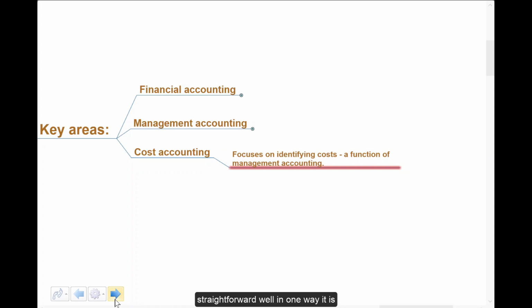Well, in one way it is, but there are a plethora, a variety of different approaches to evaluating the costs associated with product A. For example, the traditional approach, absorption costing or marginal costing, or perhaps more modern approaches, as we'll see, like ABC, activity-based costing.